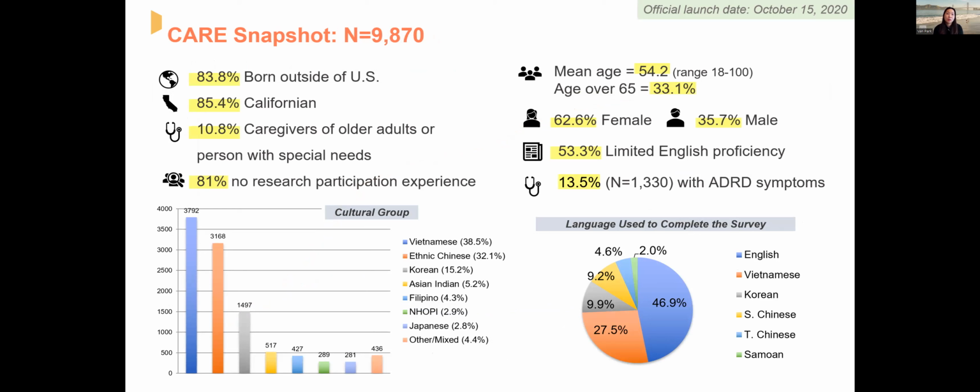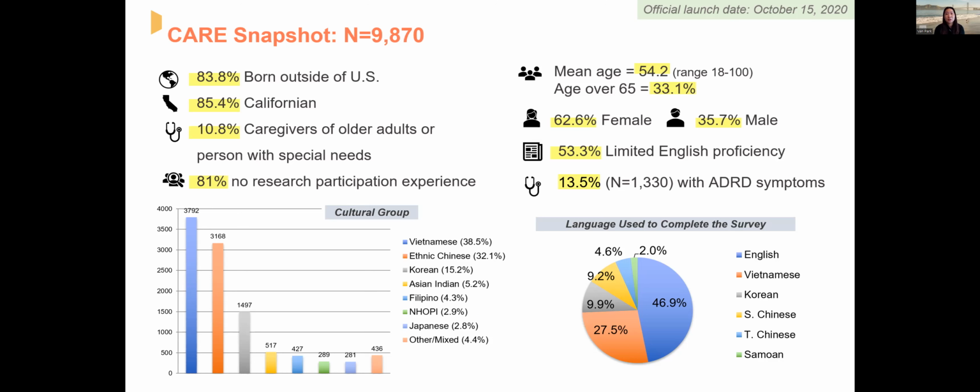So who are our CARE registry participants? A majority were born outside the US. The CARE registry really started off as a California-based registry, and even more specifically, Los Angeles, Orange County, and San Francisco and Sacramento counties.